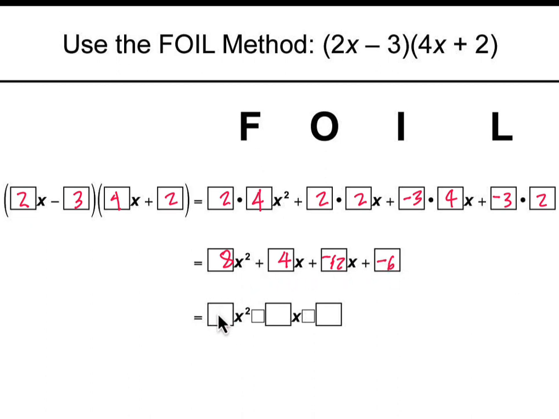Simplifying further, we get 8x squared plus 4x plus negative 12x, which is minus 8x, and then negative 6. So the answer, in simplified form, is 8x squared minus 8x minus 6.